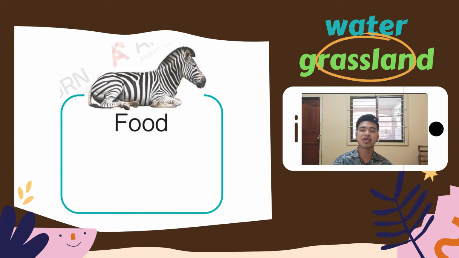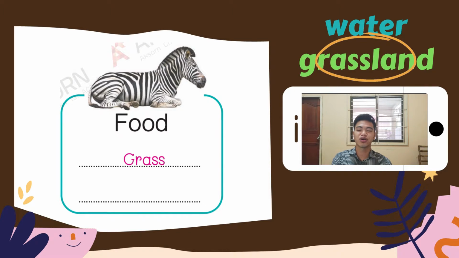So we're going to match the zebra to the grassland. What do zebras eat? Very good. The answer is grass. So you're going to write on your book, grass. So the zebra lives in the grassland and it eats grass.